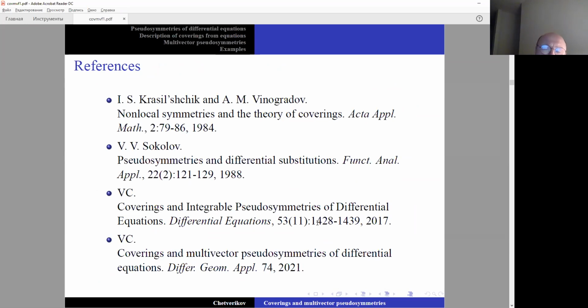And another question. Do I understand correctly that each covering can be obtained using this pseudosymmetry technique? For example, I have an equation and I would like to construct the covering.